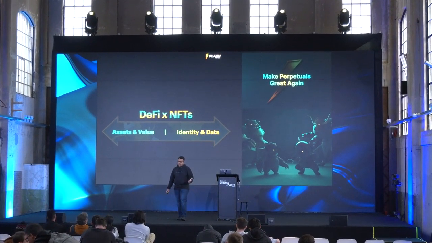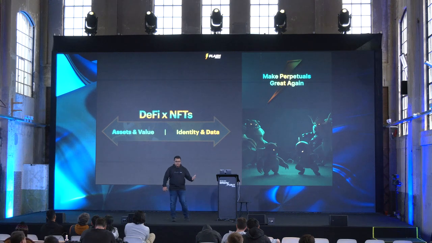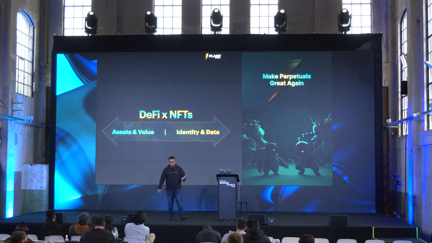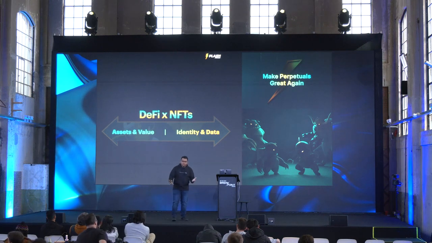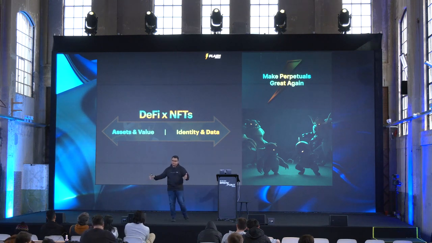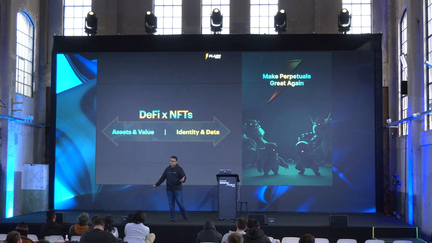That could be made possible, but how do you track his identity for different stuff, including loyalty points and rewards? We can do that using the very tool that could help us bootstrap community, that's NFTs. We have had both ecosystems running in parallel, and it's merging those two together to separate assets and value as part of DeFi in your wallet, and then isolating data and identity as ownership of your NFT.